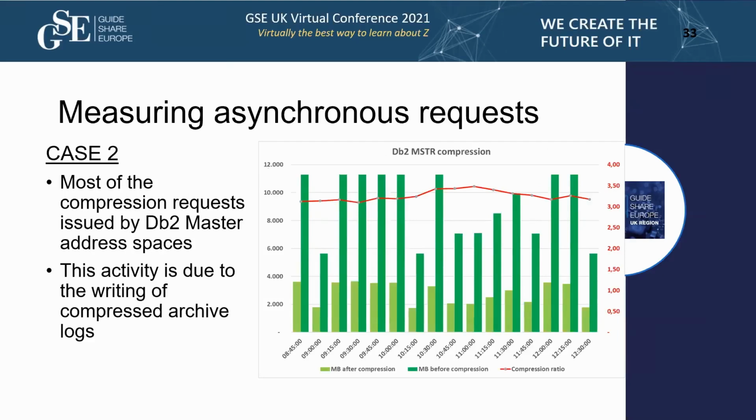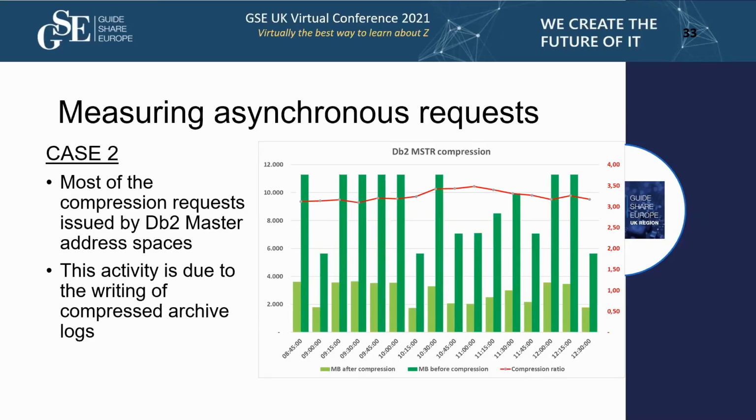By analyzing the SMF30 records, we were able to understand where these compression requests were coming from. And the answer was that most of the compression requests have been issued by the DB2 master address space of 3 DB2 subsystems running in this system. And this activity is due to the writing of compressed archive logs, which, by the way, are using the CUSAM access method.